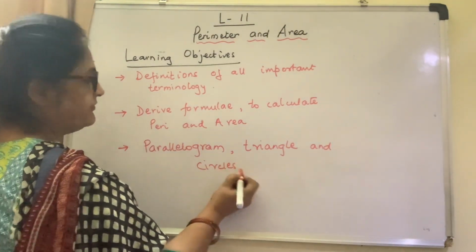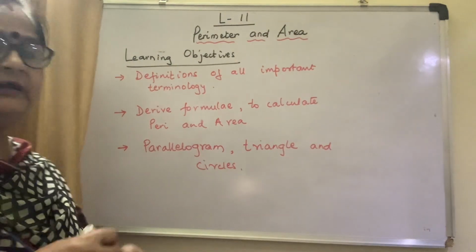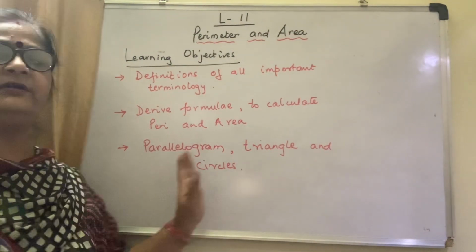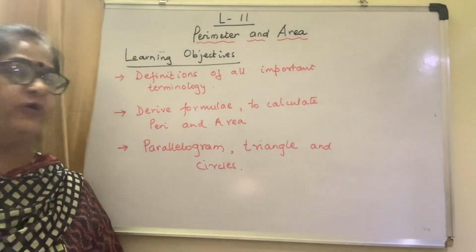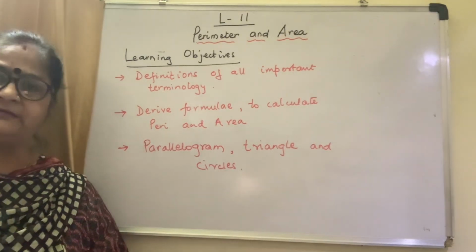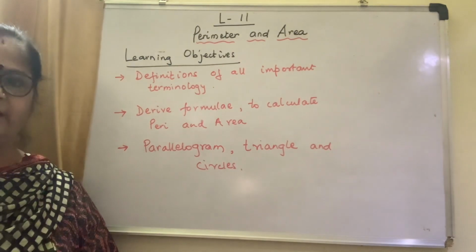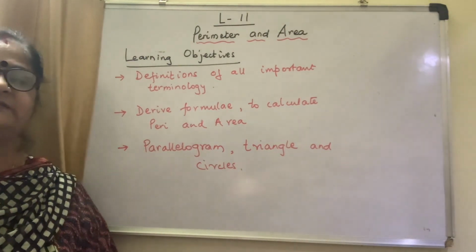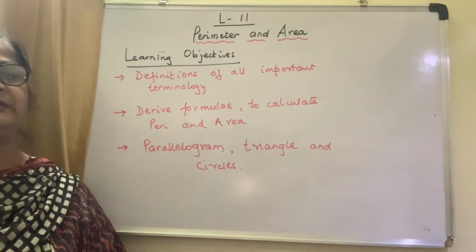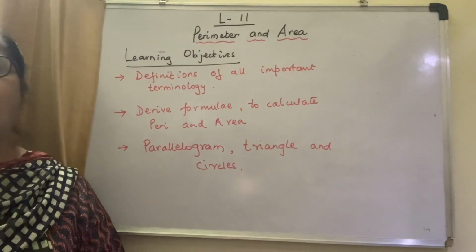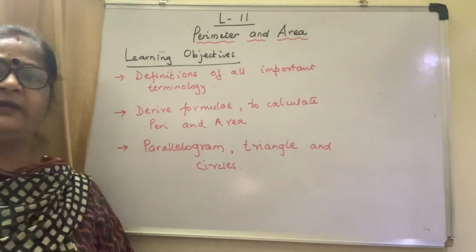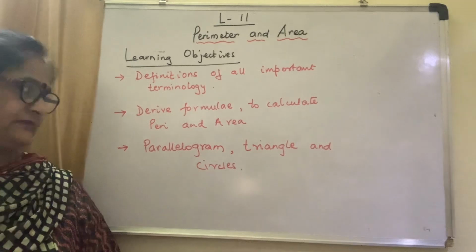So these are the three figures that we are going to learn to find the area and perimeter of. You have already done the rectilinear figures like a square and a rectangle. How we find the perimeter of a square and how we find the perimeter of a rectangle, or how we find the area of a square and the area of a rectangle.